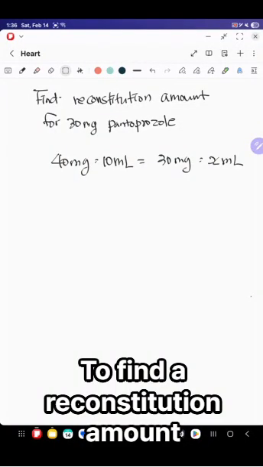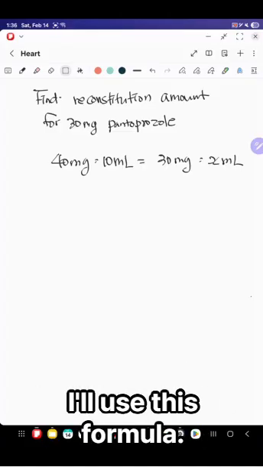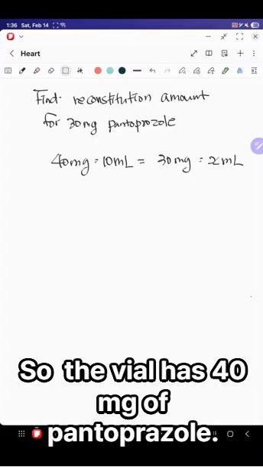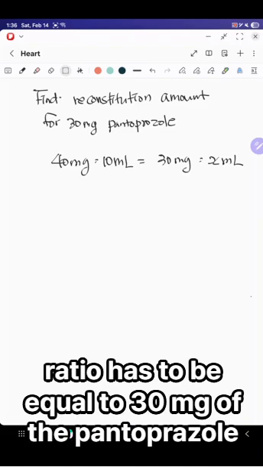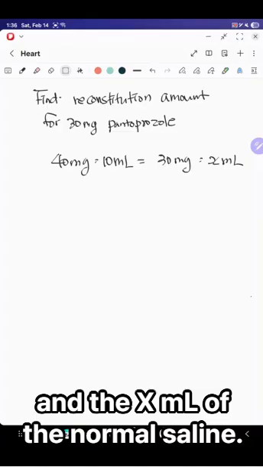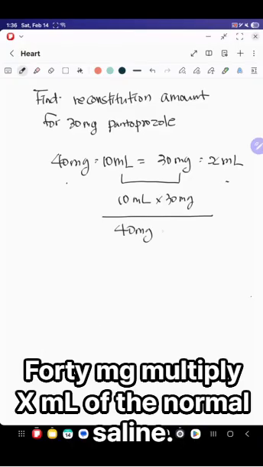To find the reconstitution amount for 30 milligrams of pantoprazole, I'll use this formula. The vial has 40 milligrams of pantoprazole. It has to be used with 10 milliliters of normal saline, and its ratio has to be equal to 30 milligrams of pantoprazole and X milliliters of normal saline. 10 milliliters multiplied by 30 milligrams equals 40 milligrams multiplied by X milliliters.